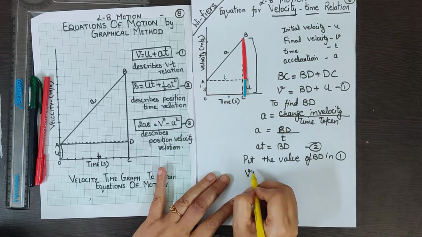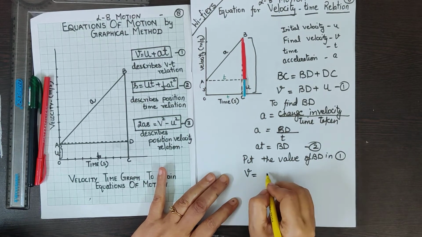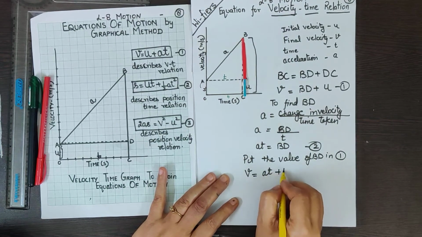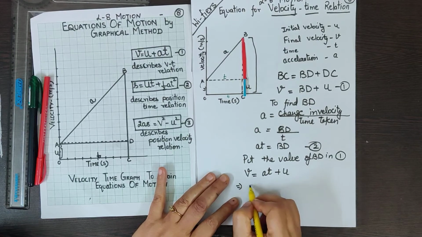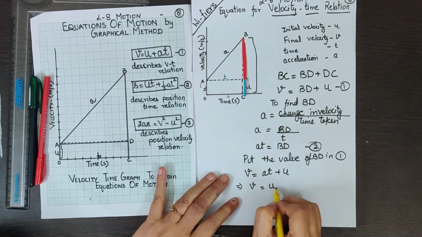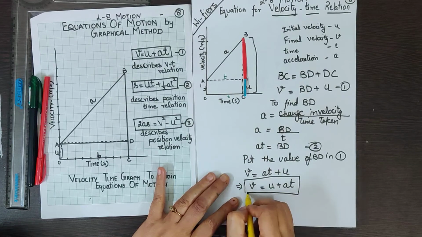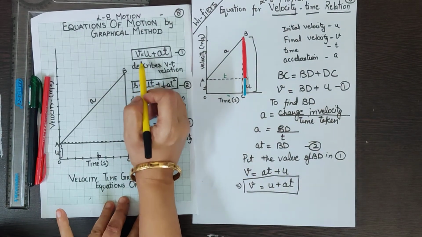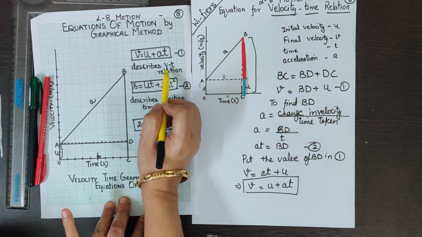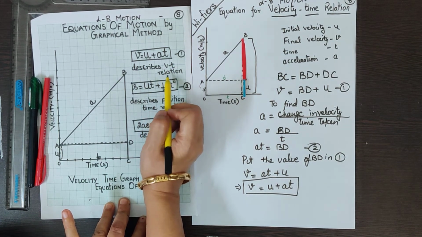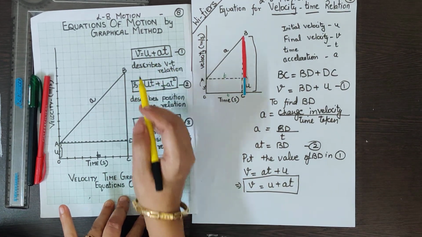We get V is equal to at plus U, or we say it as V is equal to U plus at, same as the equation of motion that I have given here, which describes the velocity-time relation. See, this is the equation of motion.